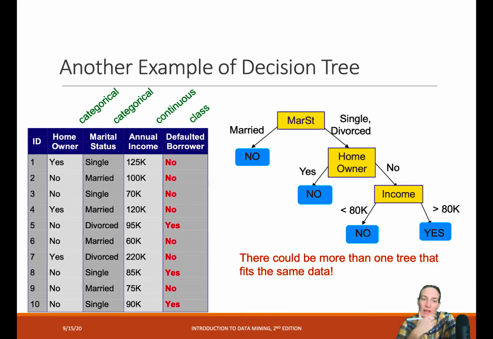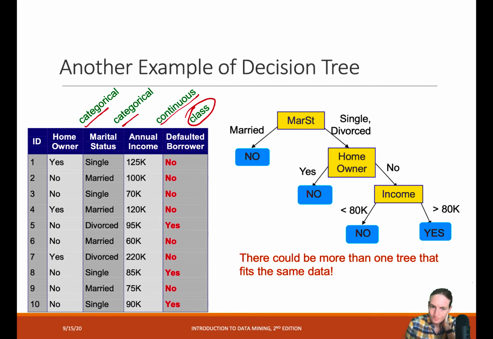Okay. Here's another example that emphasizes, it actually looks very much like the same example, that we can have categorical classes, binary, or continuous attributes, and then finally we have a class, which usually is a categorical variable.